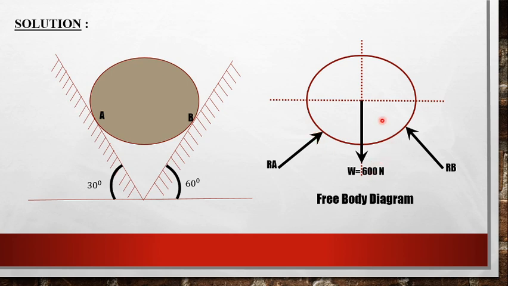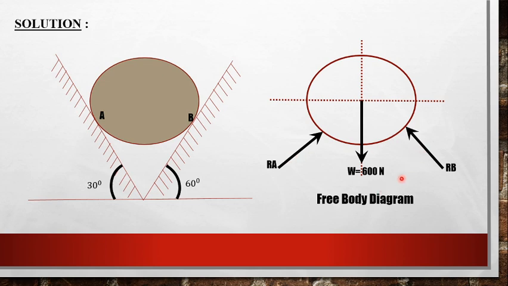Now let us draw the force diagram for the sphere. We can place RB at this point and RA at this point, and using this relation we find the angles made by the two reactive forces RA and RB.